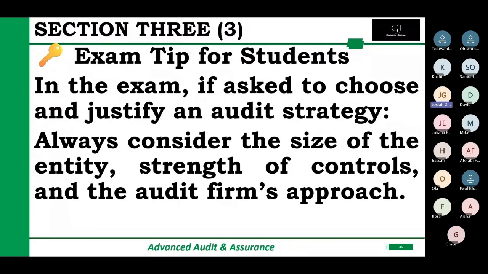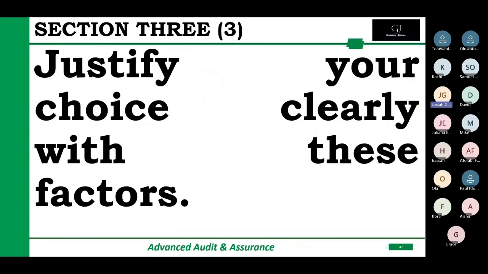This is very, very important. So you need to also justify your choice clearly with these factors. Whatever approach you want to employ, we need to justify it clearly based on these factors.